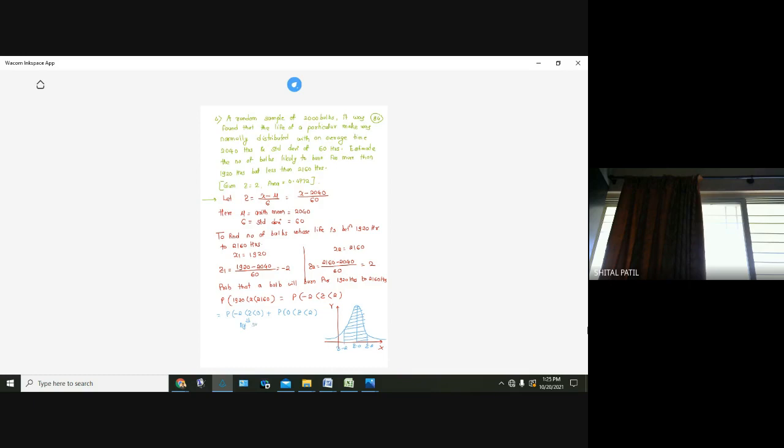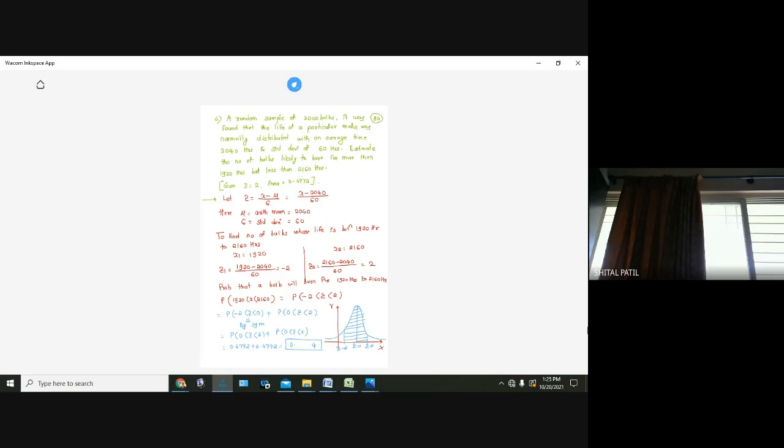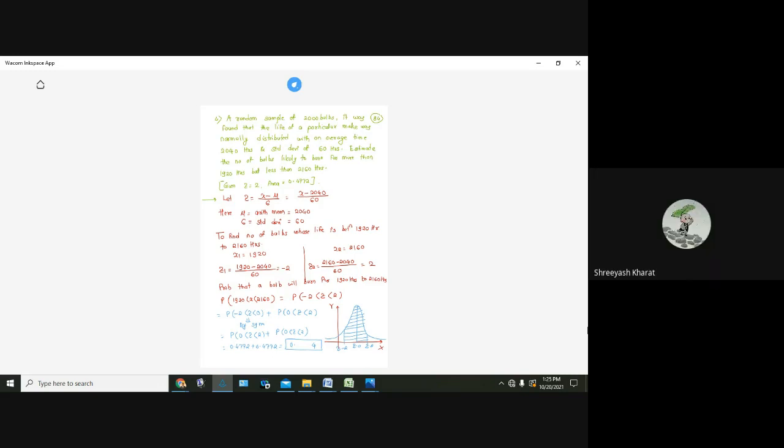So by symmetry, and that is known to us. Given in the example, 0.9544.